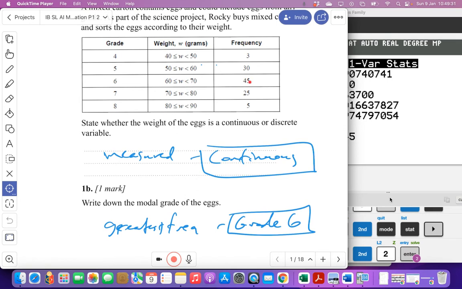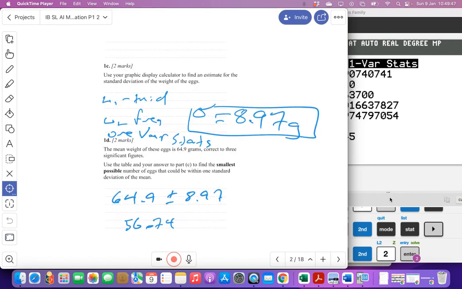Some of these might be outside, some of these might be outside, but these are all inside one standard deviation. So the answer is 45. We can write the units if we wish.